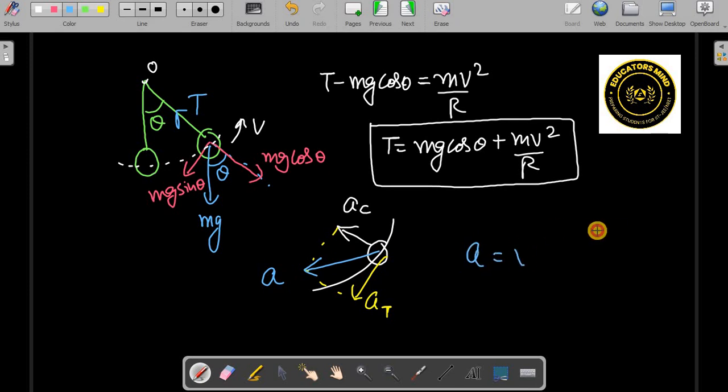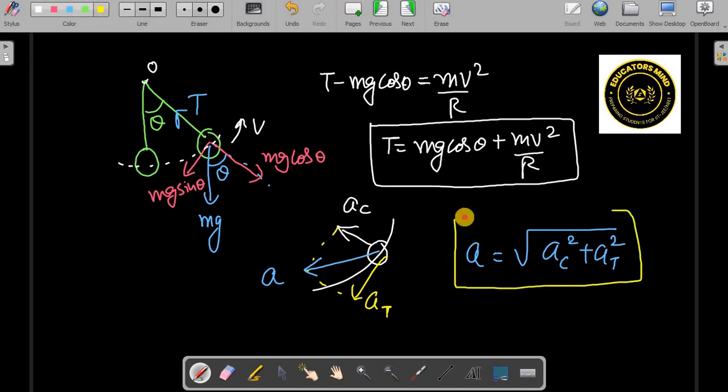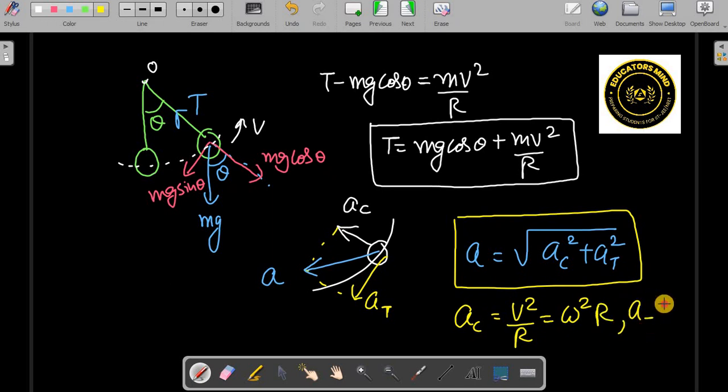So net acceleration is root under ac square plus at square. This we have seen in non-uniform circular motion, right? Here centripetal acceleration is v square by r or omega square r, and tangential acceleration is dv by dt, the rate of change of speed, or r into alpha, right? So this we already know. These concepts will be used.